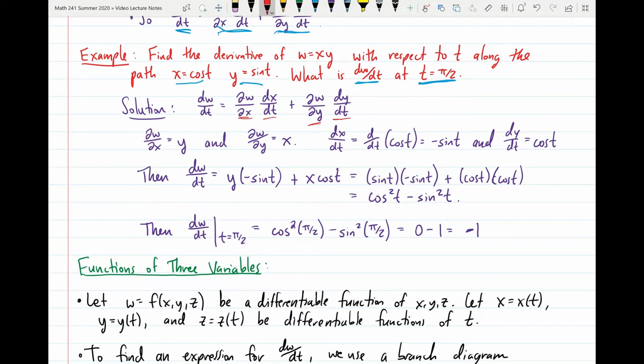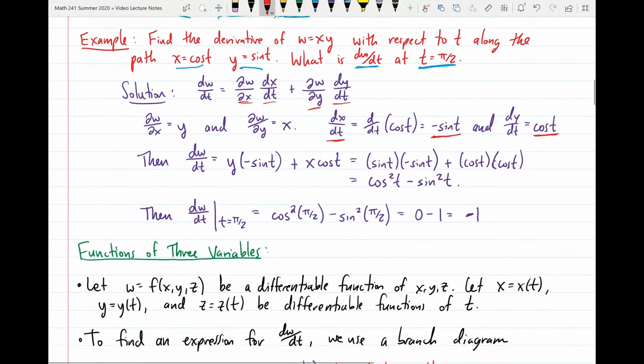And then we have the partial w with respect to y is equal to x, because x is going to be held constant. And now we evaluate dx/dt, and this is just the ordinary derivative of cosine of t, which is equal to minus sine of t, and dy/dt is going to equal the ordinary derivative of sine of t with respect to t, and we get a cosine of t there.